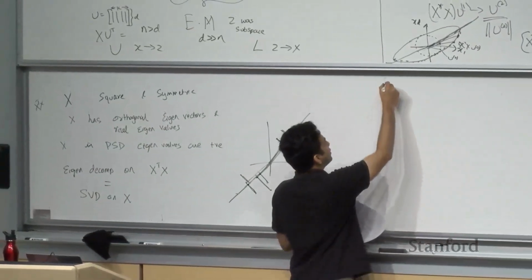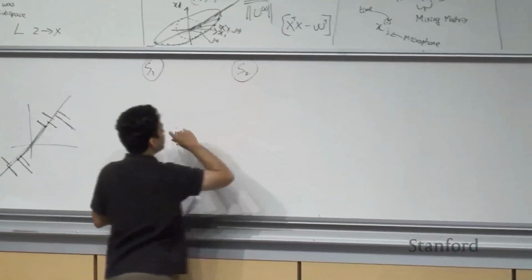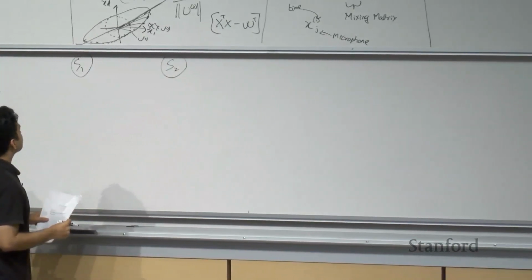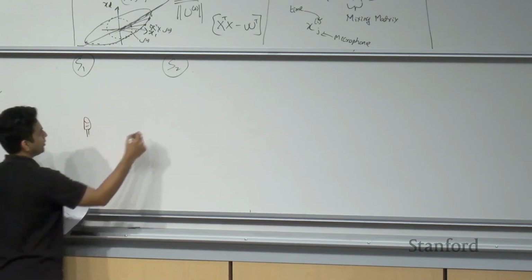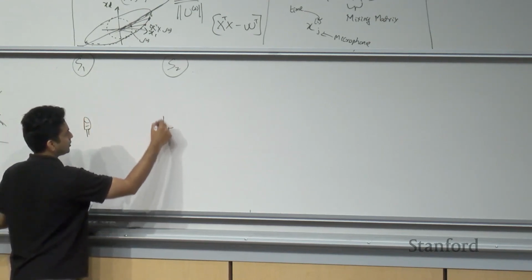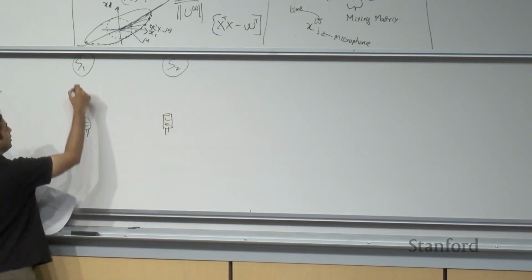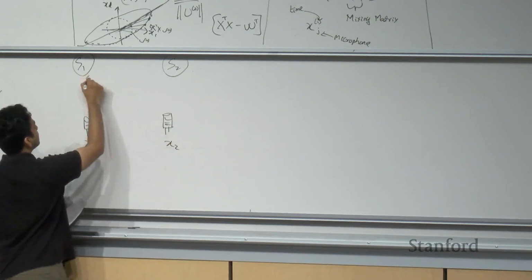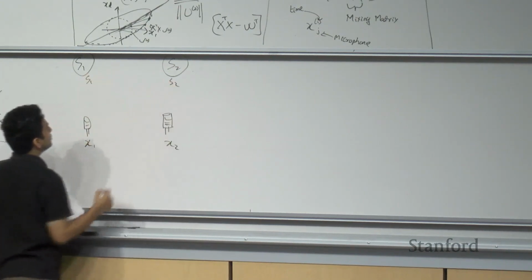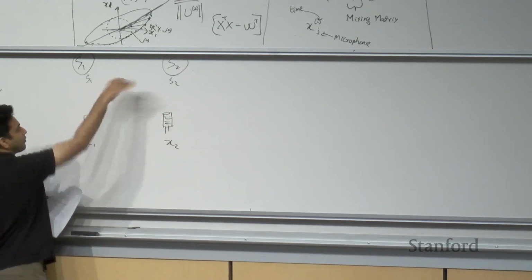Let's just start with 2. We have speaker 1 over here, speaker 2 over here, microphone 1 over here, and microphone 2 over here, recording what they're saying. So this is X1, X2, S1, S2. These are placed at arbitrary distances from the speakers.